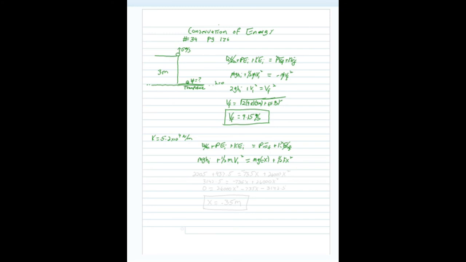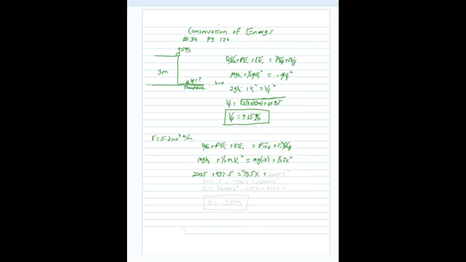I have mgh initial, and I can plug those numbers in. 75 times 9.8 times 3 is 2205, plus half times 75 times 5 meters per second squared is 937.5, equals mg, which is 75 times 9.8, is 735, times negative x. So that's negative 735x.